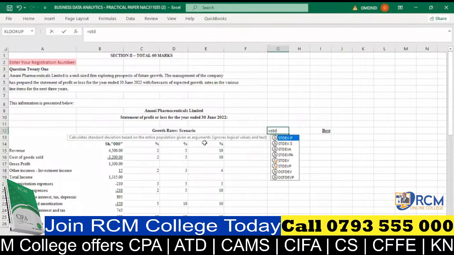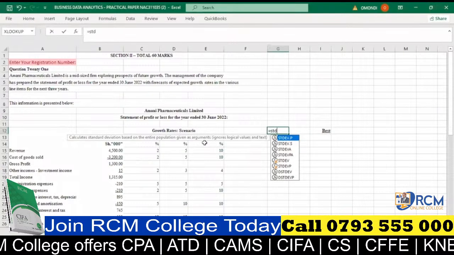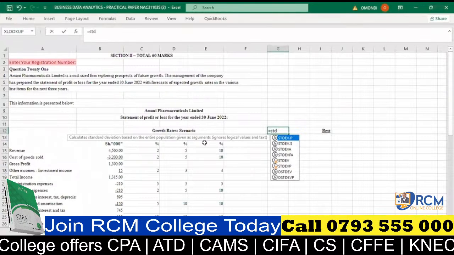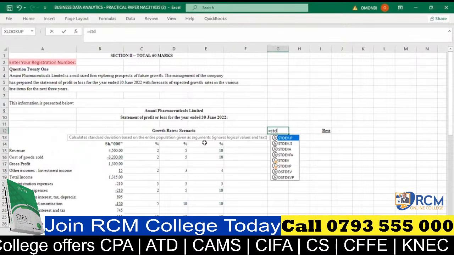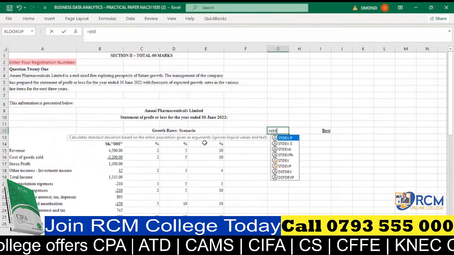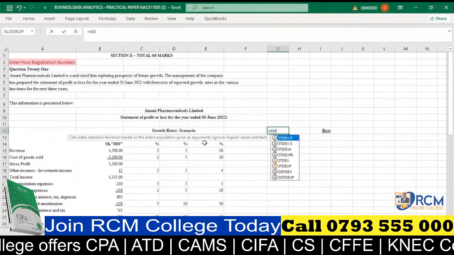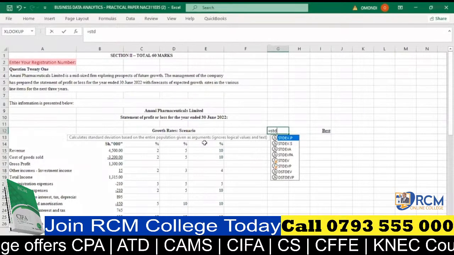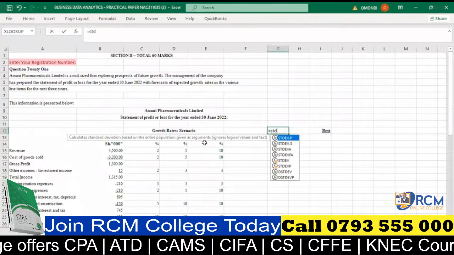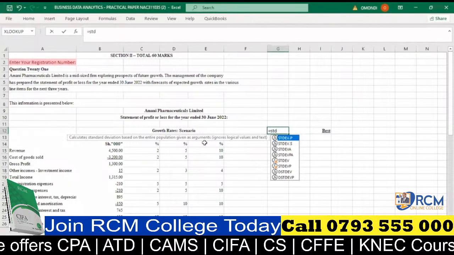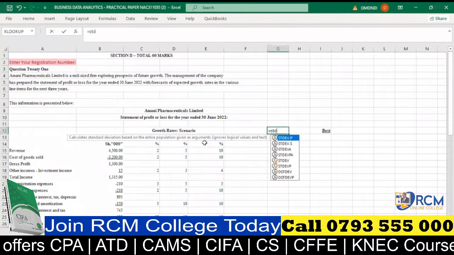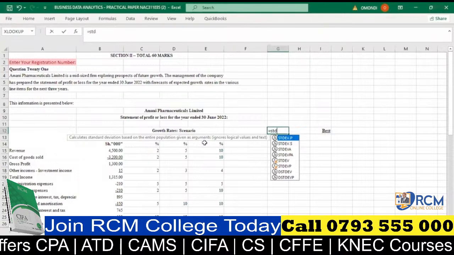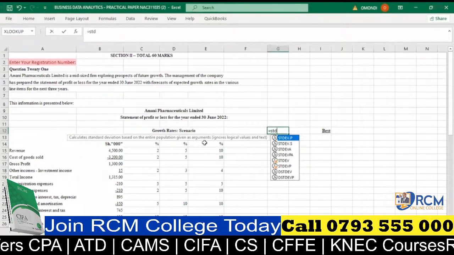So standard deviation P will help us to calculate standard deviation based on the entire population. Okay, so let's see. Standard deviation P. Is the statement given to us there true? Compute the standard deviation of an entire sample.